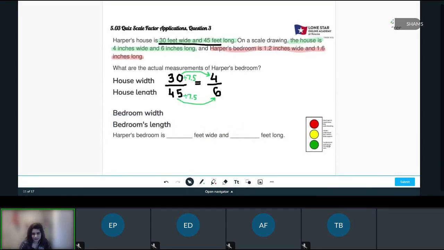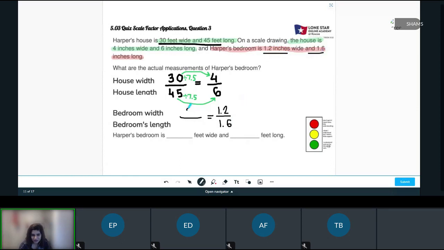Right? And they tell us that these actual dimensions are missing. But we know on the map, it is going to be 1.2 by 1.6. The map is given. How do I know map dimensions are given? Because they are inches and a real bedroom cannot be in inches.